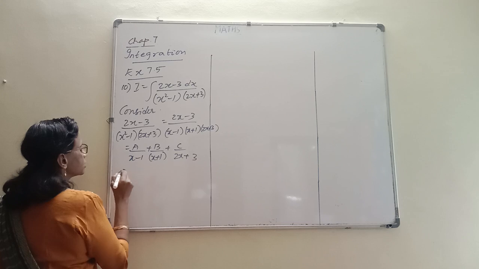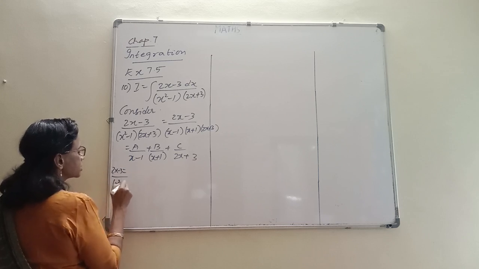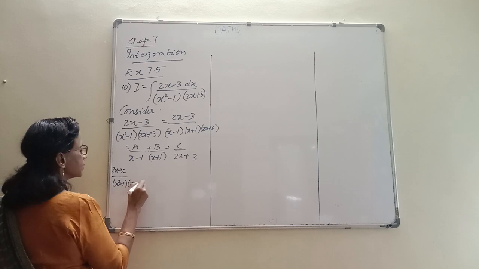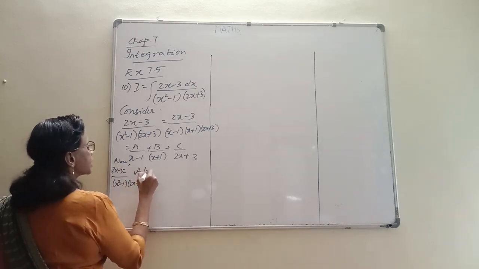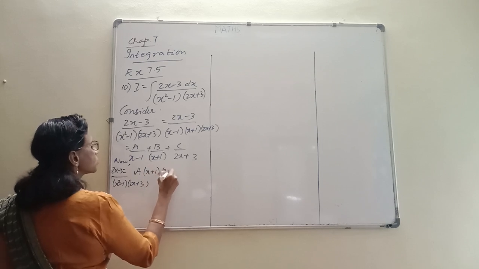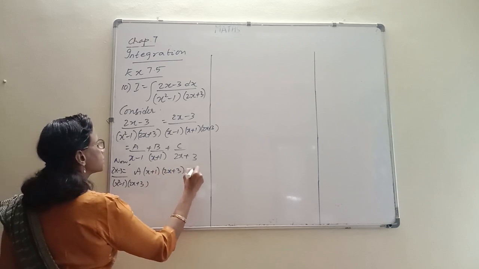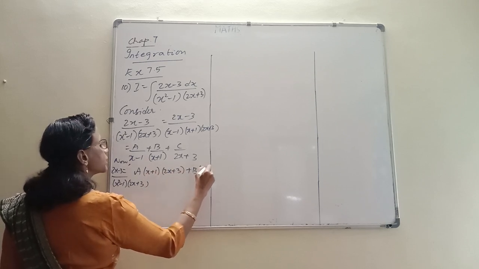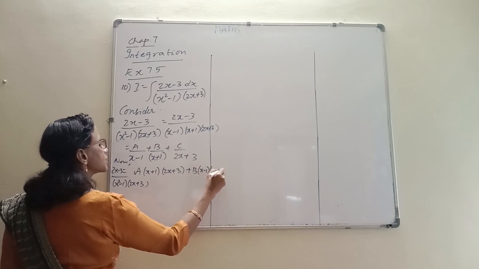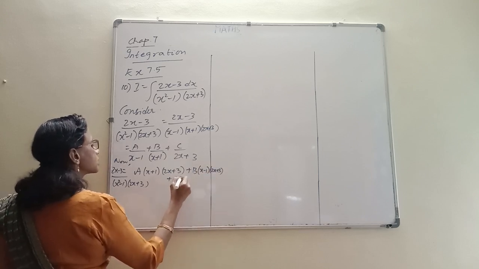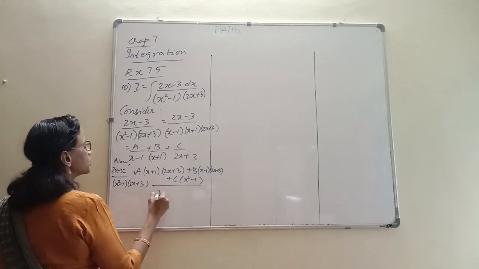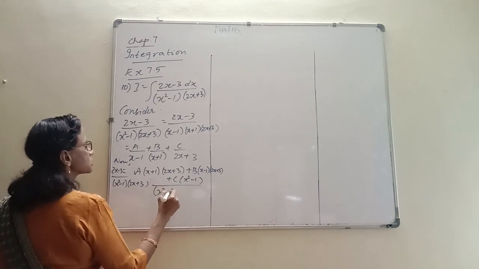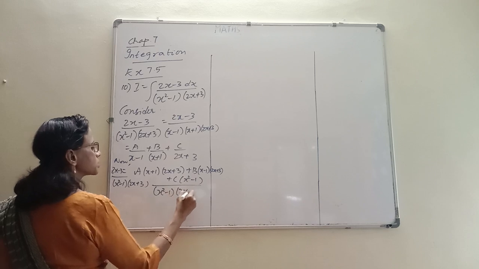So you are going to get 2x minus 3 over x squared minus 1 times 2x plus 3 now becoming A times x plus 1 times 2x plus 3, B times x minus 1 times 2x plus 3 and C times x squared minus 1, or x minus 1 times x plus 1, and the denominator is going to be x minus 1 times x plus 1, or x squared minus 1, times 2x plus 3.